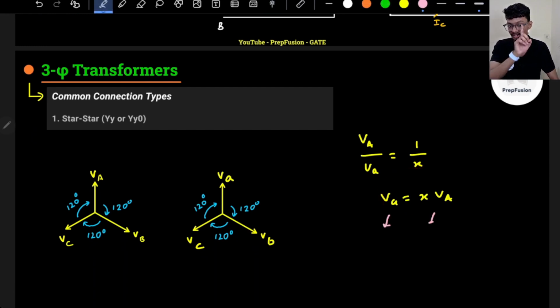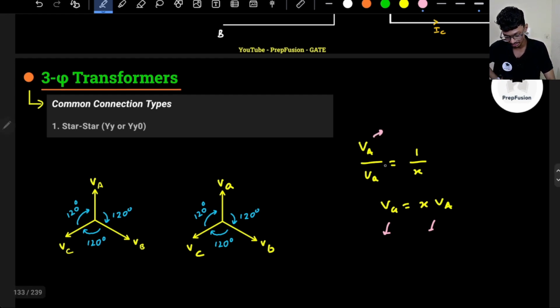I have not discussed line voltage. I have only discussed phase voltages in the transformer. So not even phase voltages, the coil voltages. So these are called the coil voltages. As you might get confused with the terms, I will call these coil voltages.